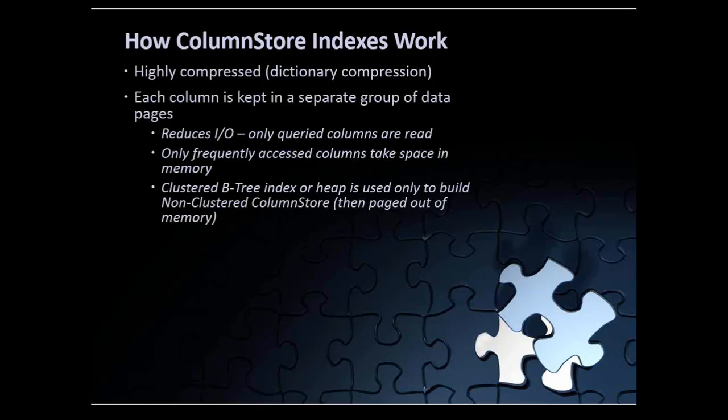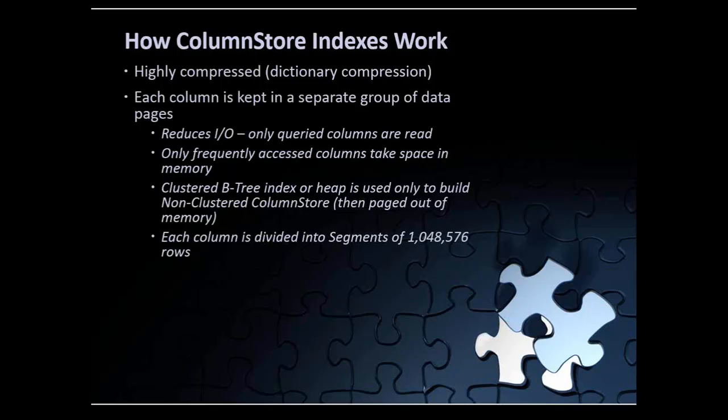The clustered B-tree index or heap, where there is one, and we'll talk a little bit about that later, is only used to build the non-clustered ColumnStore index, and then it's paged out of memory. You can't have a clustered index with a clustered ColumnStore. You can't have a clustered B-tree index, obviously, with a clustered ColumnStore index.